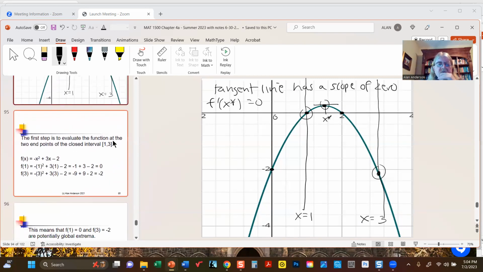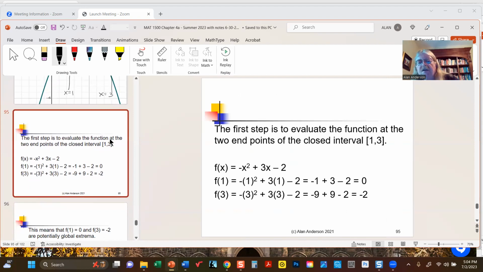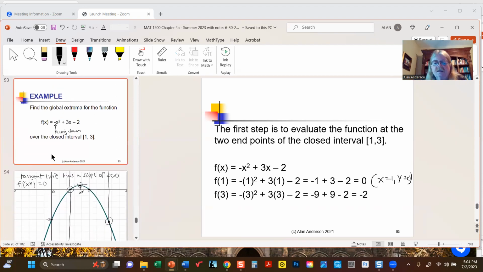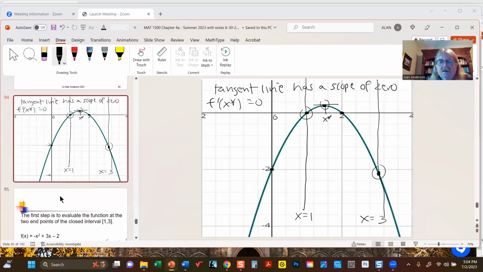All right, so first we have to take the derivative of this function. What we're doing here is we're actually identifying the 2 endpoints. So when x is 1, by plugging that into the original function, that gives us a value y is 0. Okay, so let's label that here.